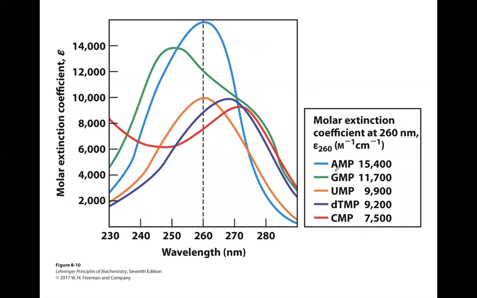Adenosine monophosphate, the nucleotide, absorbs much more light than GMP, UMP, DTMP, or CMP. Just by looking at this, tell me, which nucleic bases absorb light better, purines or pyrimidines?